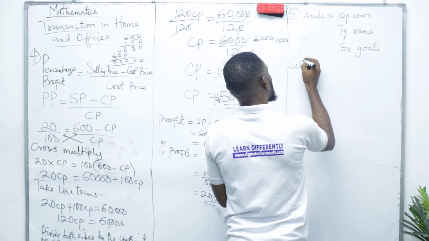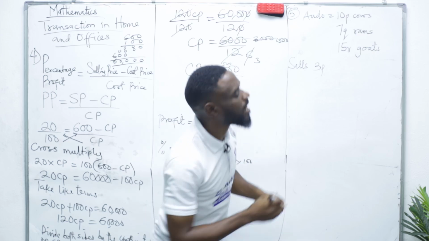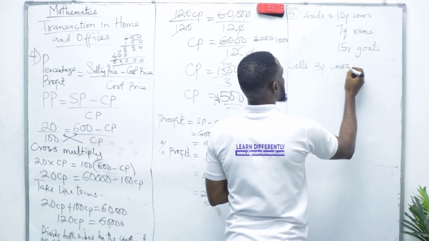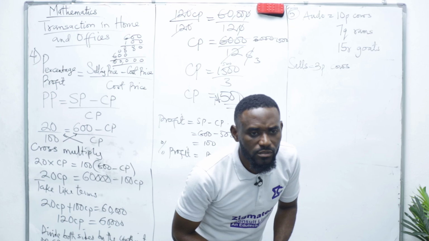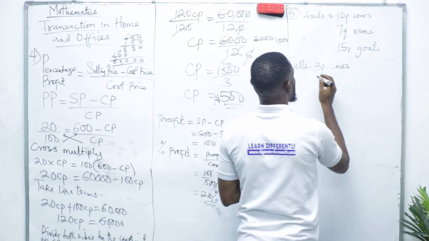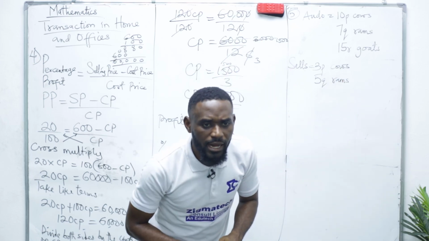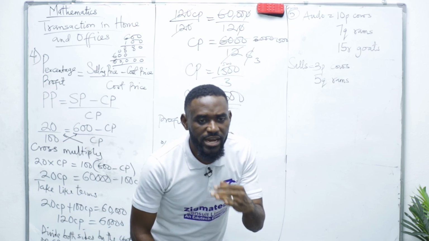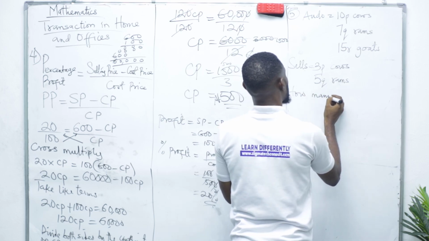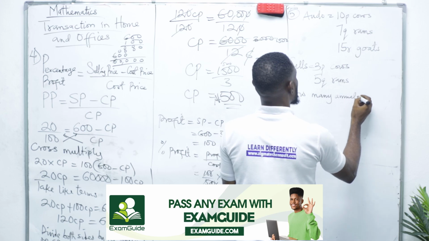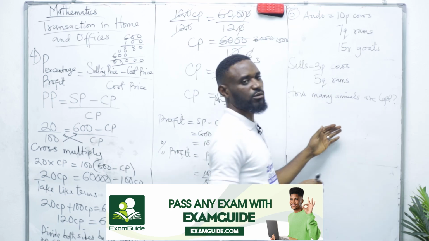Now he sells 3p cows and 5q rams. How many animals are left? So they say how many animals are left?